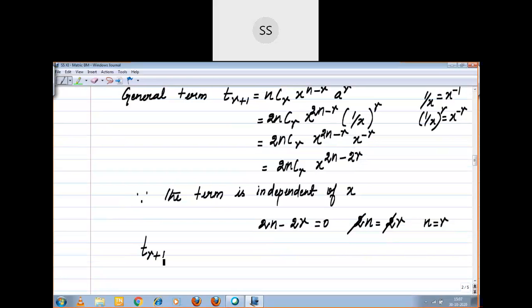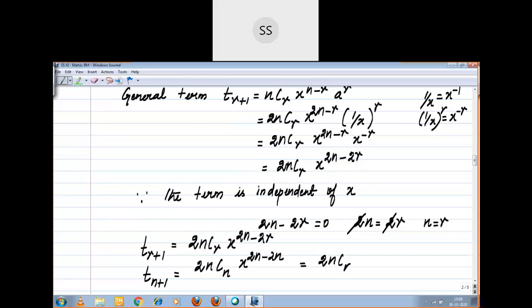Then 2n minus 2r equal to 0, 2n equal to 2r, then n equal to r, right? That means what? R equal to n. That is the meaning, right? R equal to n. Now, TR plus 1 equal to, that is our general formula, right?